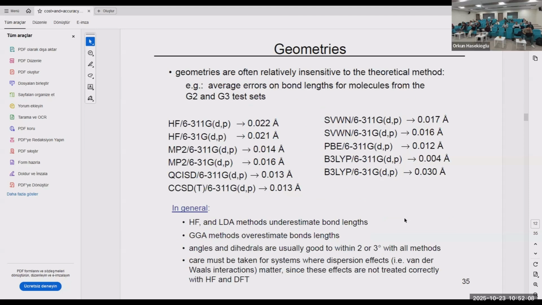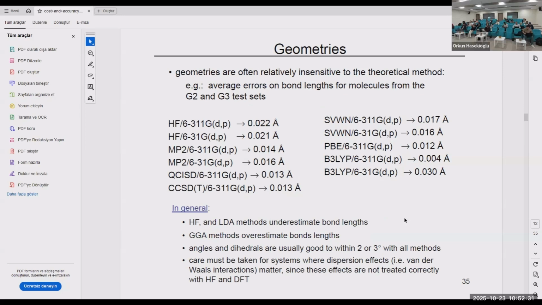When you look at the geometries that were calculated with quantum chemical methods, geometries are often relatively insensitive to the theoretical method. And here you see Hartree-Fock and AM1 methods underestimate bond lengths. We talked about that yesterday too. Here you see the results.